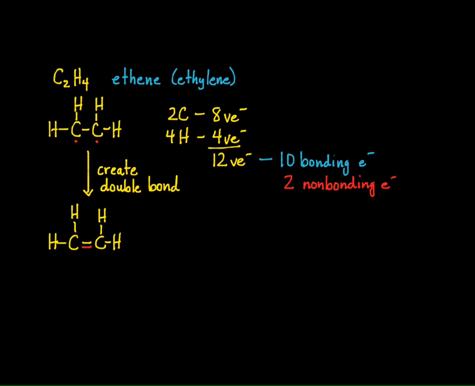So now we have what's called a double bond. And we'll talk about the different types of bonds, but of the 2 bonds between the 2 carbons, we have a sigma bond and a pi bond. And again, we'll get into that later on. And generally speaking, we draw ethylene like this.